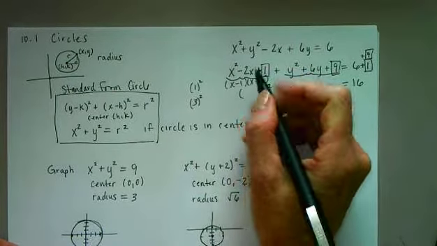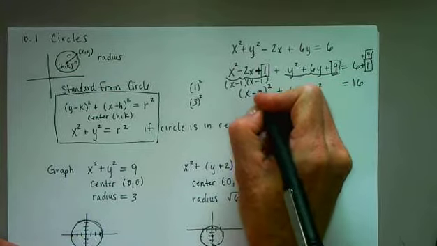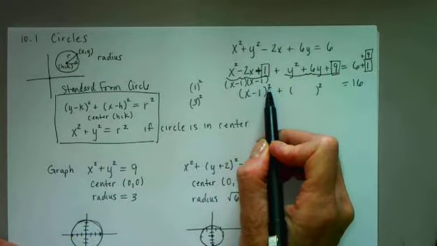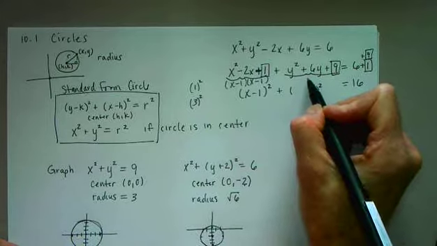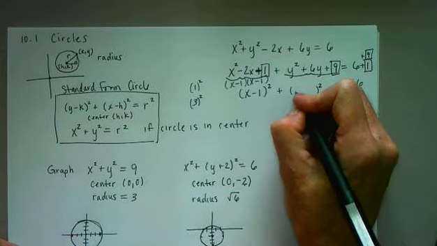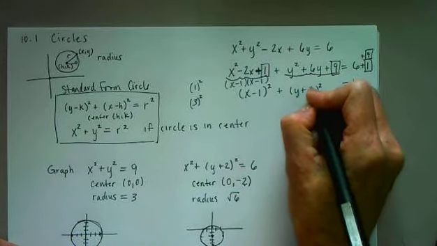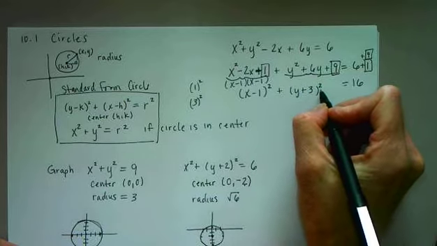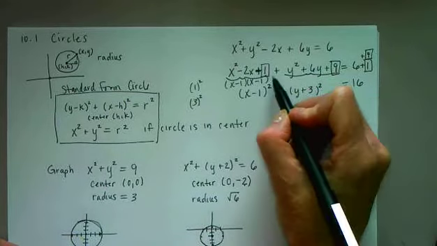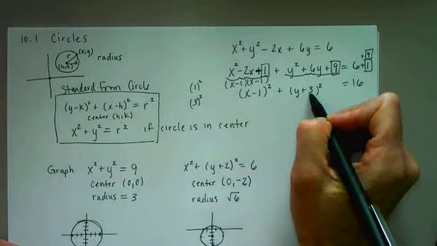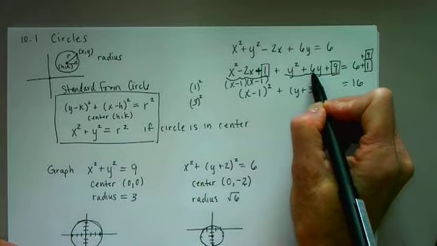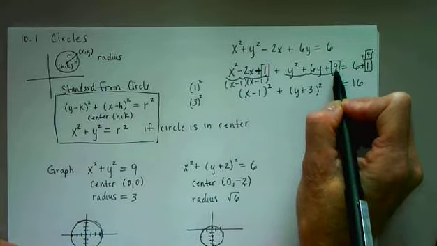Foil it however you foil best, and you'll see that it's x minus 1 squared. This one, same thing. We're going to FOIL it, and that one's going to be y plus 3 squared. And you might notice that if you complete the square correctly, this number is always half of this, because that's the number you had before you squared it and put right there.